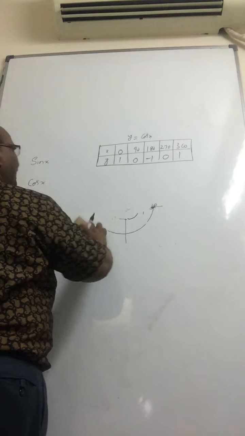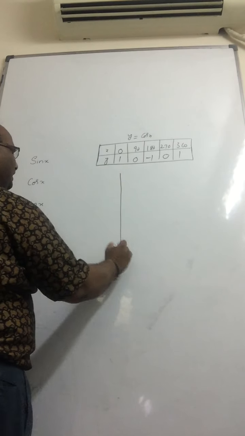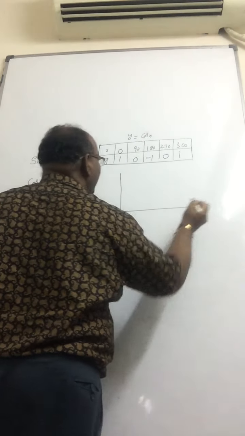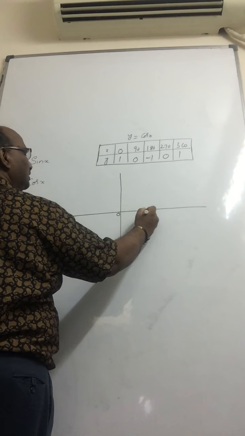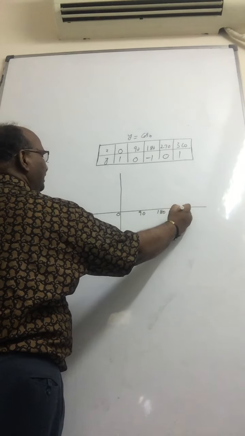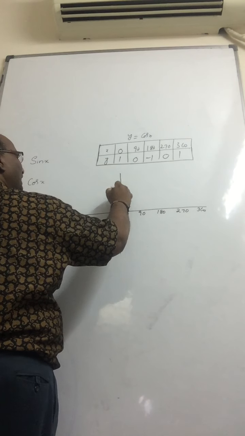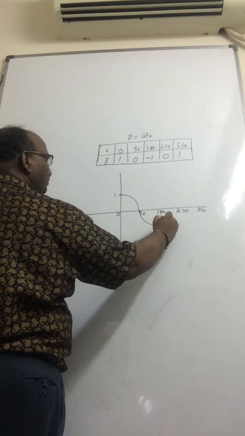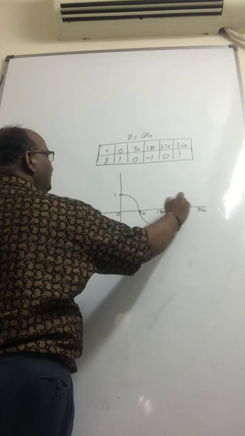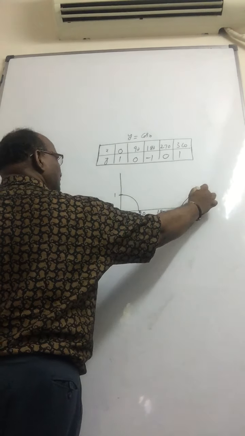Once we know the angles, we can sketch the graph by considering those angles on the coordinate plane, drawing the X and Y axes: 0, 90, 180, 270, 360. Cos 0 is 1, cos 90 is 0, cos 180 is minus 1, cos 270 is 0, cos 360 is 1.